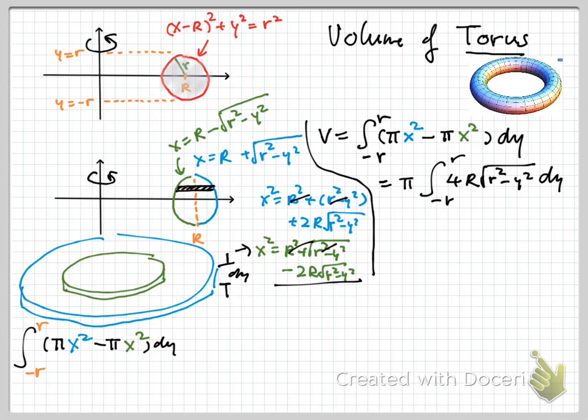The capital R is a constant, so we use integration by substitution. I let y equal r sine theta, so that dy is r cosine theta d theta. When y is minus r, theta is minus half pi.